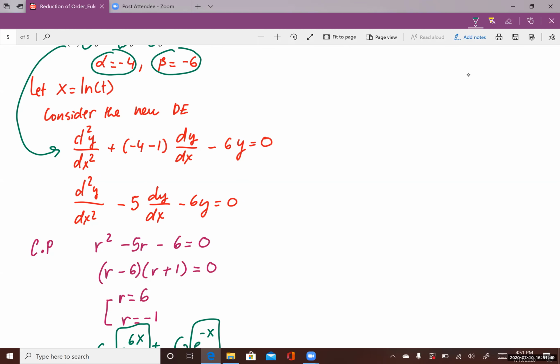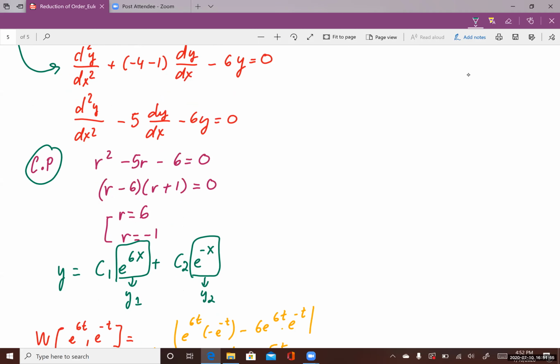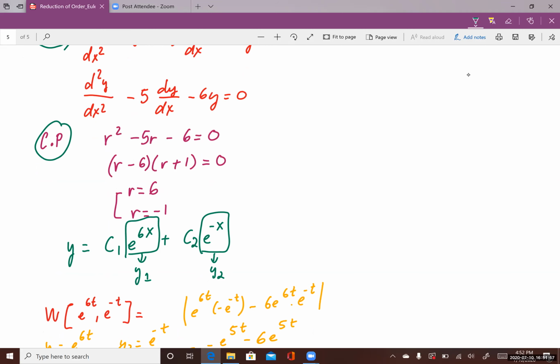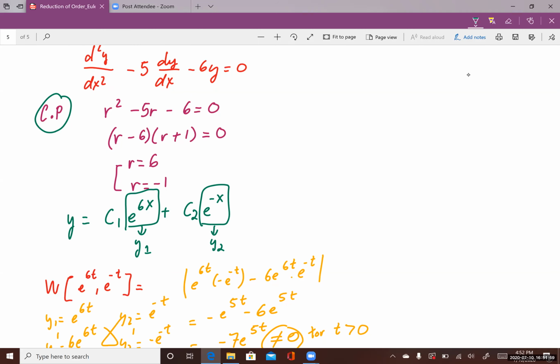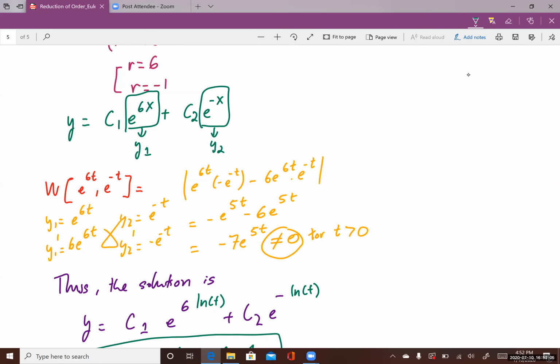This is a constant coefficient equation, so we know how to solve it by coming up with the characteristic polynomial, finding the roots, and then these roots form the two solutions. And keep in mind that this is going to be x.